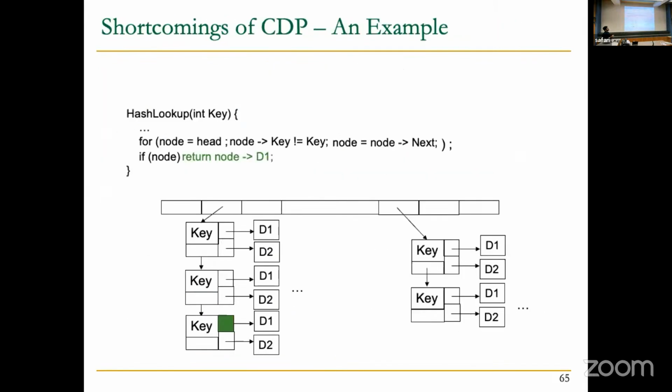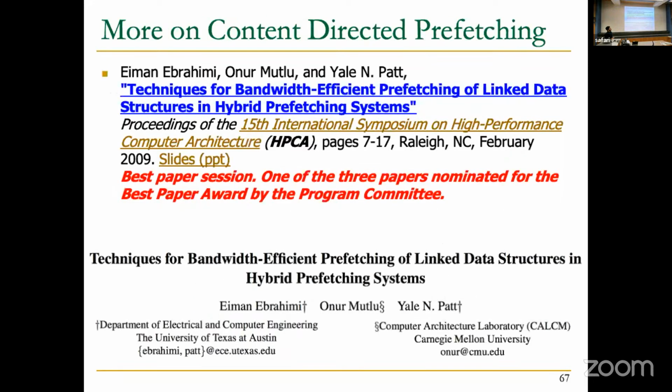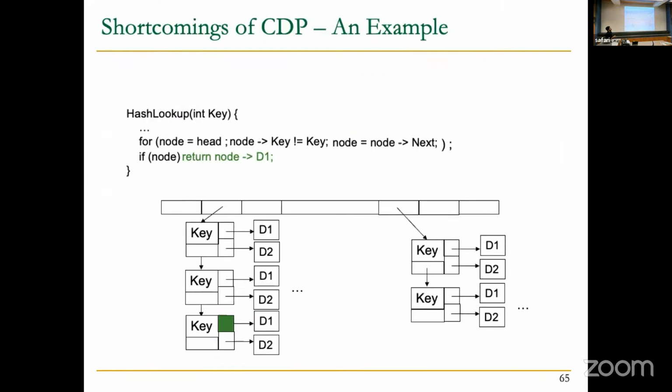The key idea of the paper is that you profile the program and ask which pointer values you are going to access next, and then you specifically fetch those values. The profiling information gives me the fact that the next pointer is the one that is useful in this context. So prefetch the next one.